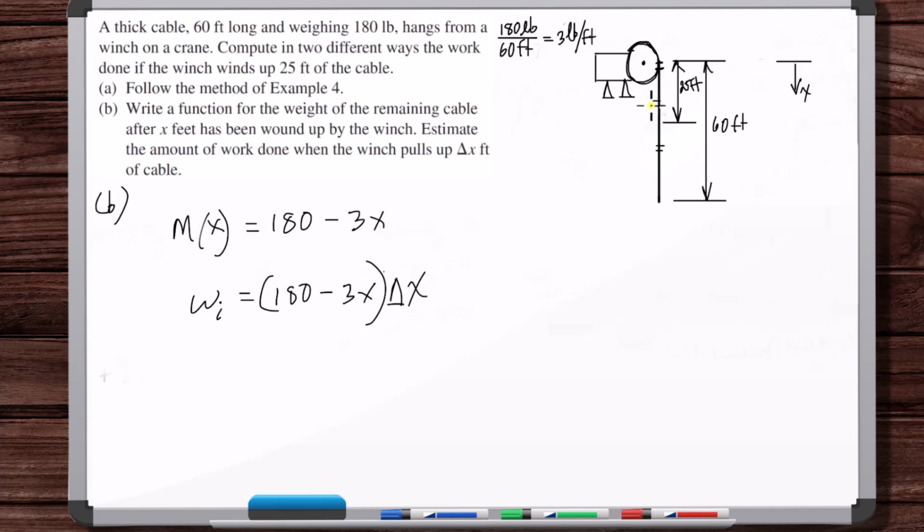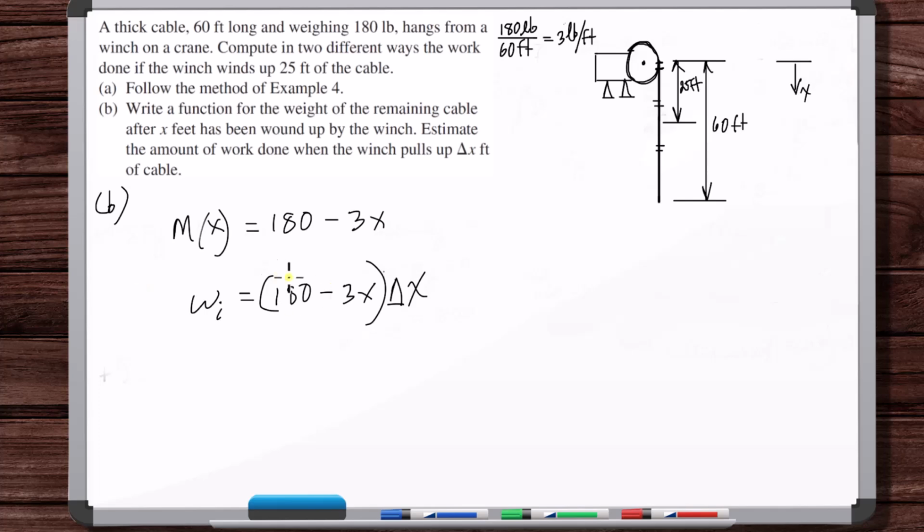And so when that piece gets to the winch, say this piece is 20 feet, so this is the 11th piece, 12th piece. When this gets to the winch here, then it's x of 20. So that's 60. 180 minus 60 is 120 pounds that are beneath and including that piece. Yeah, 120 pounds, right? Times the distance that the winch pulls it in, delta x.